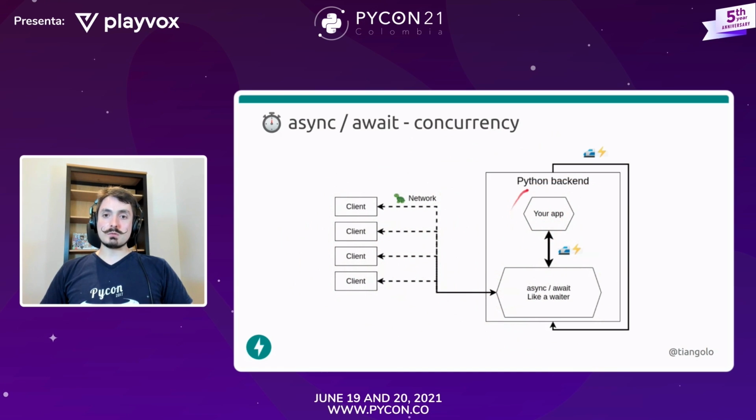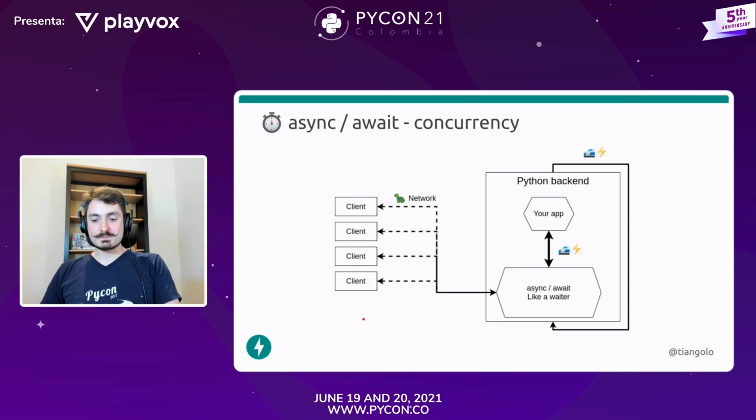The kitchen is able to run at full speed, preparing a bunch of different things, and we are able to serve a lot of clients, because the key thing here is that there's a lot of waiting for someone: waiting for the network, waiting for the client to decide, waiting for the stuff to be ready. There's a lot of waiting. So if we take advantage of that waiting, we can serve a lot of clients. In web requests, this waiting is just network. But that's the idea. That's what we get.